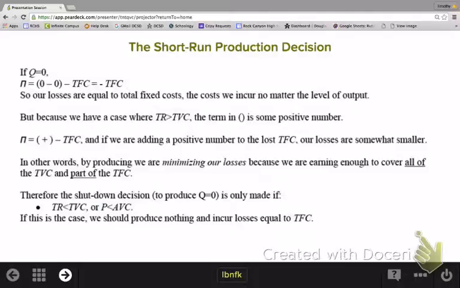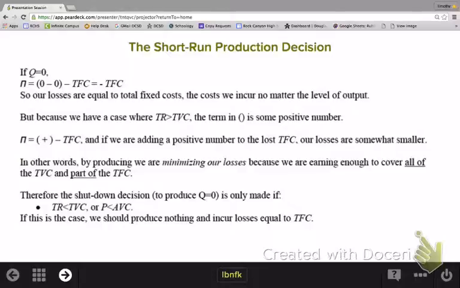In other words, by producing, we are minimizing our losses because we are earning enough to cover all of the total variable cost and part of the total fixed cost that we can't get rid of. And if we can at least cover all of our total variable cost, which we can control, and some of the total fixed cost that we have to pay anyway, then we should produce, because we're at least paying some of our total fixed cost.